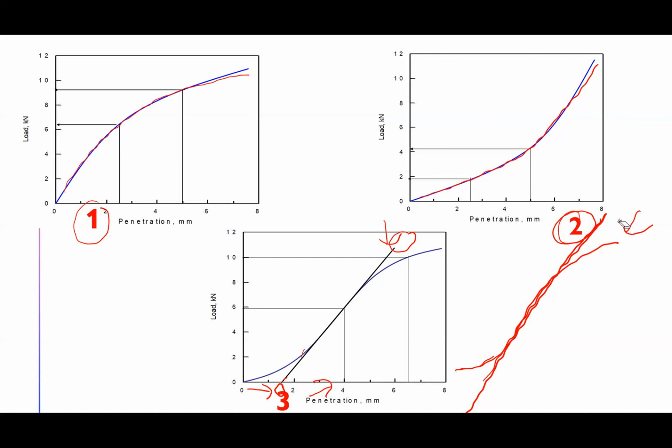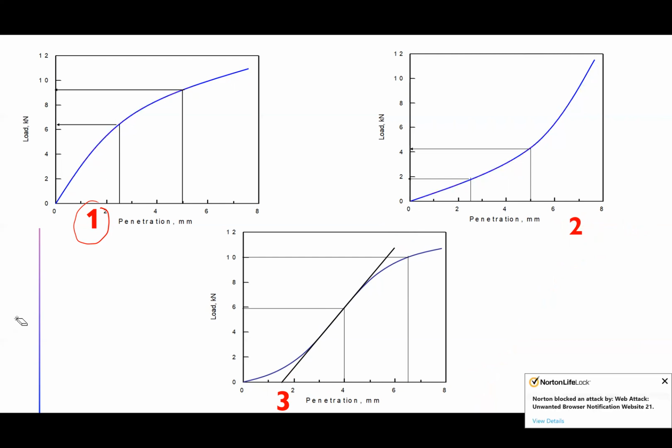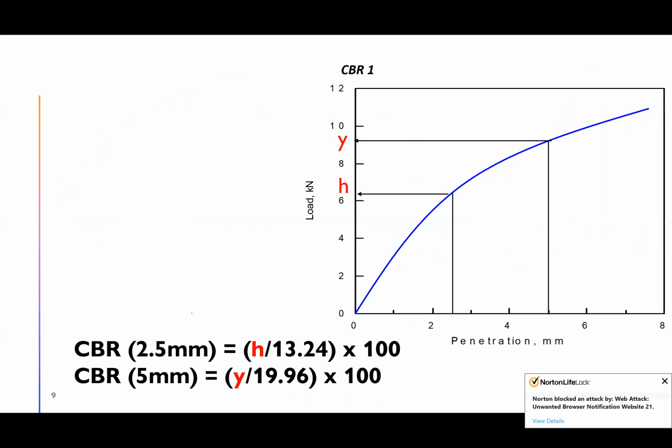Once you have drawn the line, the next thing you need to do is get the load at penetration 2.5 and 5 mm. As you can see here, this is graph number 1.